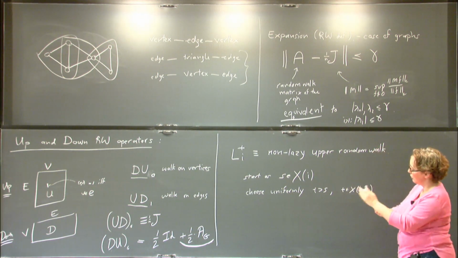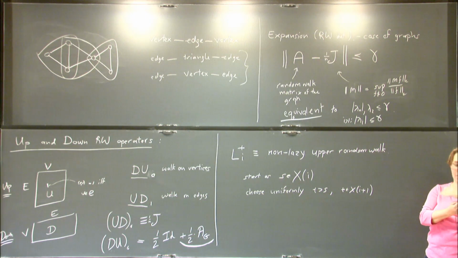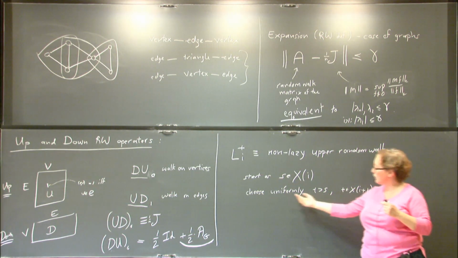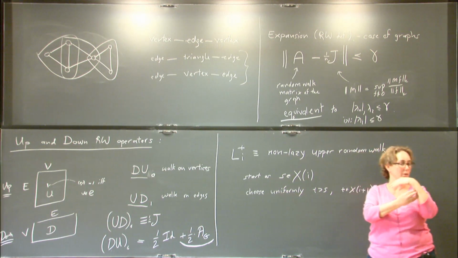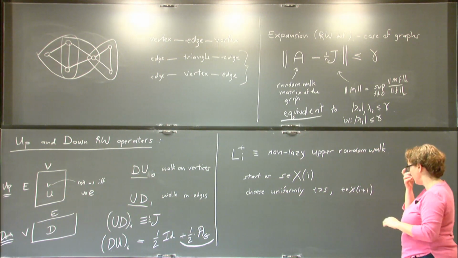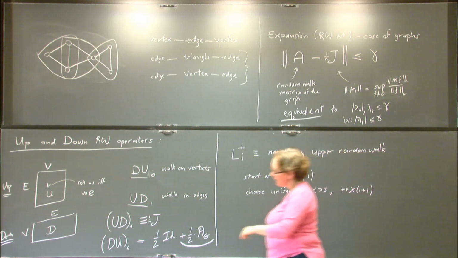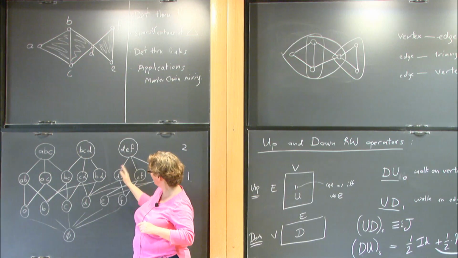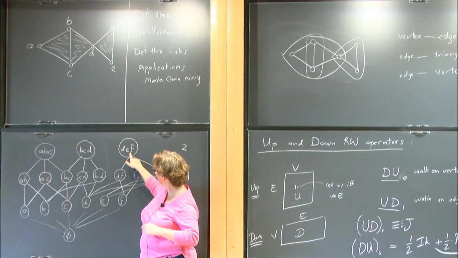So you have many options. You choose each of them at the same probability. By the way, once we have weights, this will not be uniform anymore. We'll have to take the weights into consideration. But for now, I'm just imagining that all these bipartite graphs are biregular, and then you're starting at level I. You choose one of your neighbors at random, so you go here.